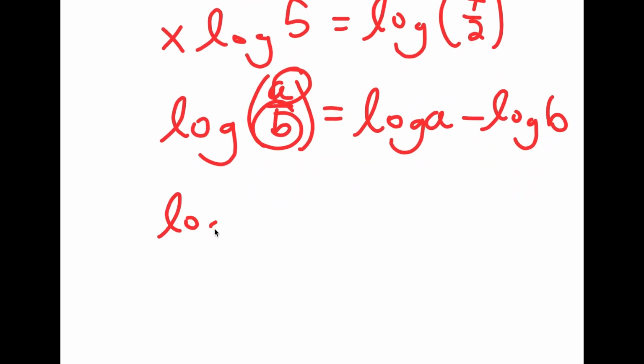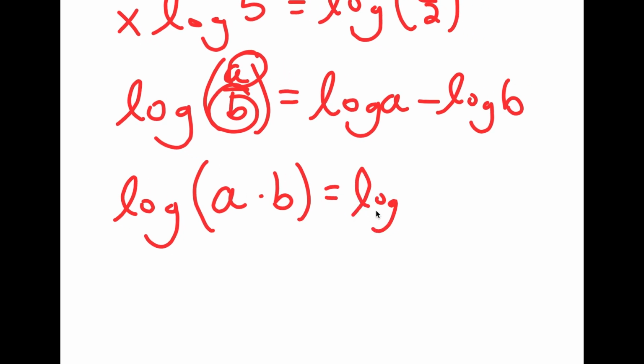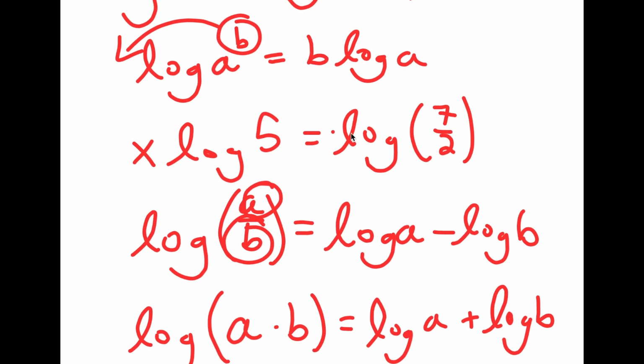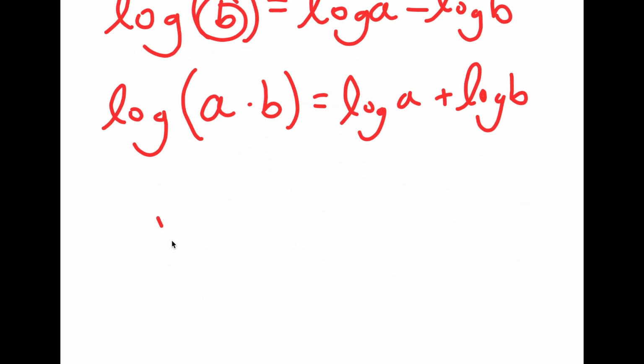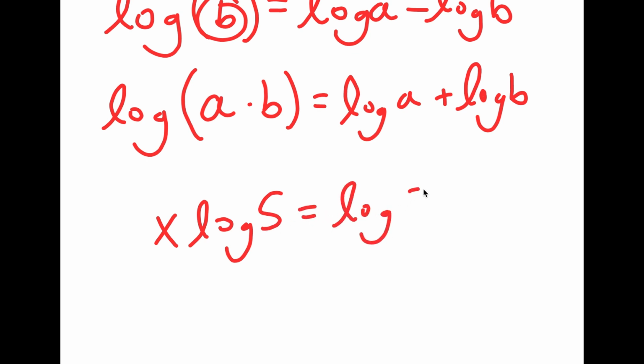And while we're at it, another important property is that if I have something in the form log a times b, this is equal to log a plus log b. So notice how these two are similar. Division results in subtraction, and multiplication results in addition. So now going back to my problem, we're going to use this property for log 7 over 2. So I get x times log 5 is equal to log 7 minus log 2.